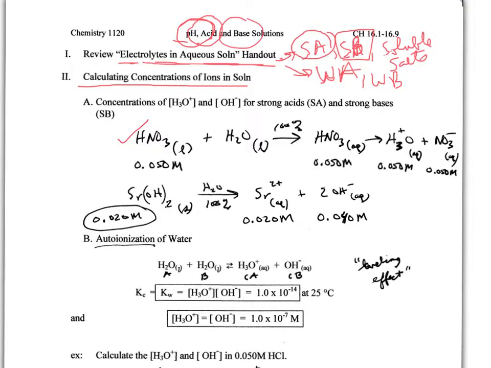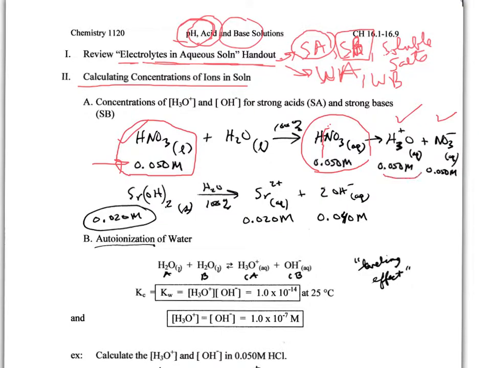All right, so the trick of what we're trying to do here is, if I had a solution of nitric acid that was prepared with a molarity of 0.050, that of course is going to be aqueous. What would be the concentration of the ions when the ionization process takes place? Remember, essentially what's happening here is the splitting of the cation and the anion, so it's the H plus and the NO3 minus.